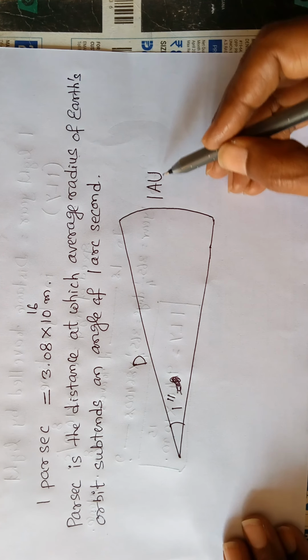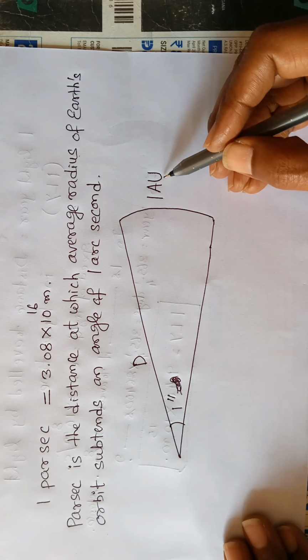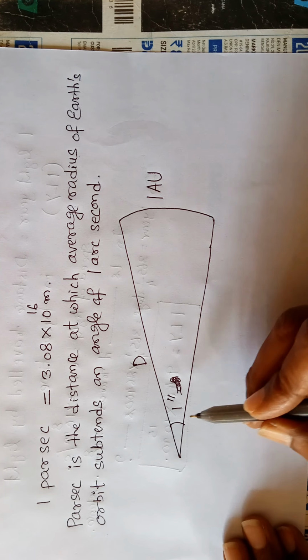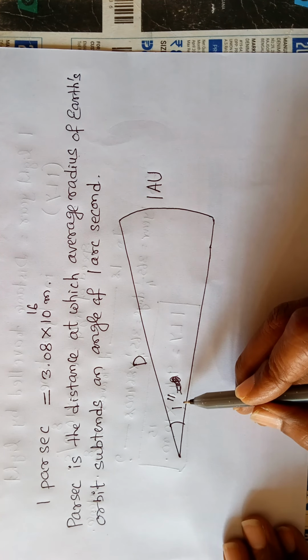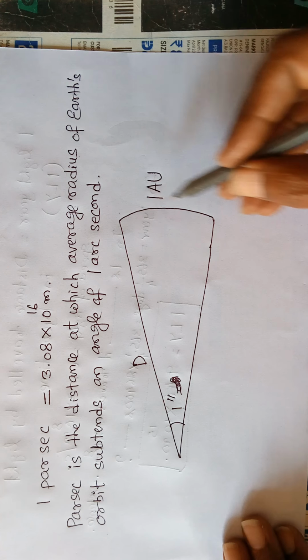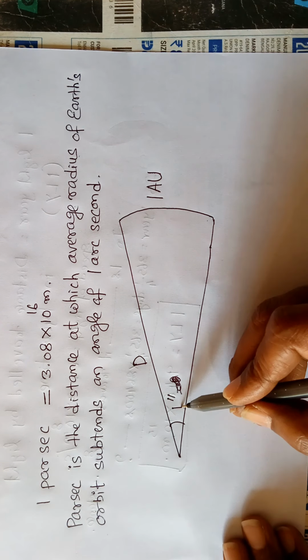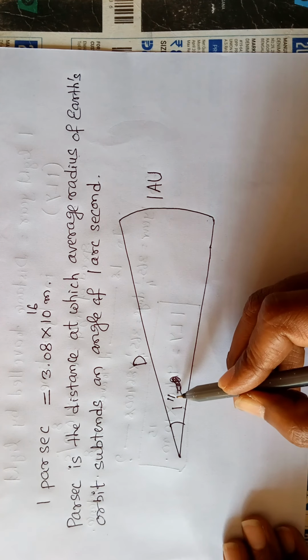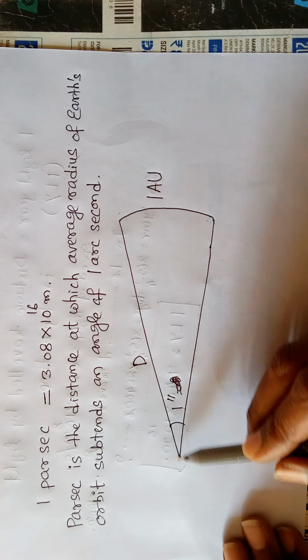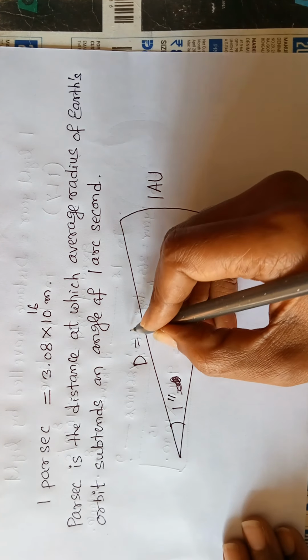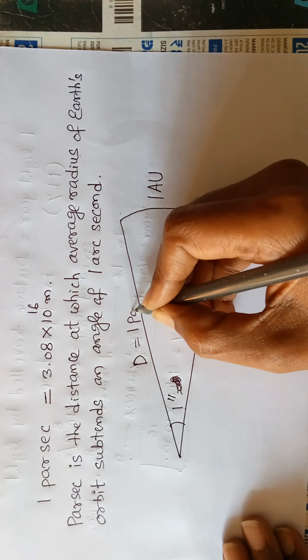subtends how much angle here? 1 arc second. So if this is 1 astronomical unit and here the angle is 1 arc second, then the distance will be 1 parsec.